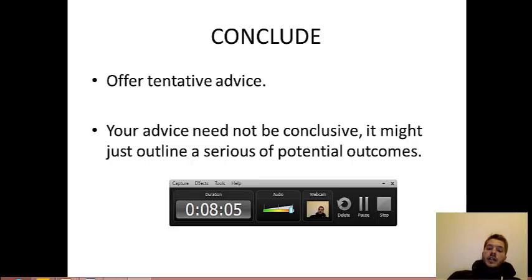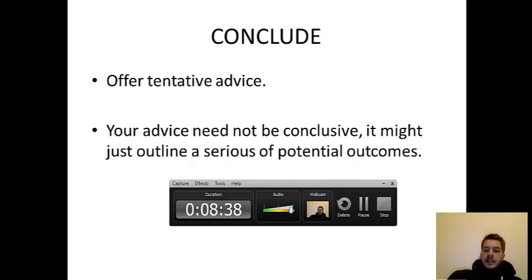Similarly, if they hired you to explain to them whether or not they have a case in judicial review, and you unequivocally state that they do, if a judge was then to rule that they didn't have a case, you would look like a very poor lawyer. Therefore, by offering a balanced insight into what the situation is, you will offer a better legal service to your client, even if it isn't the legal advice they would necessarily want to hear.